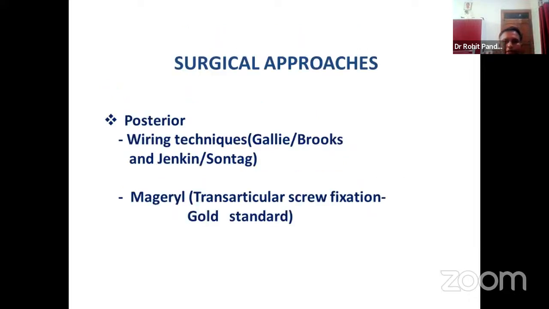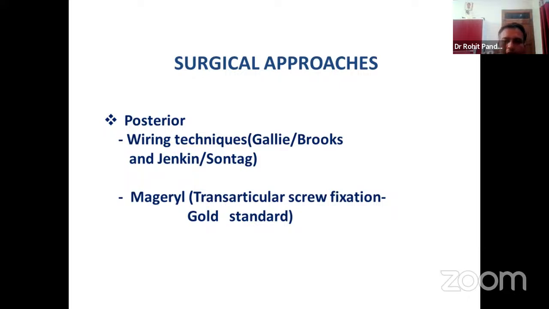So in the posterior approaches, as my sir told, there were wiring techniques which were introduced by Gallie, Brooks and Jenkins, Sonntag, and then the lasso technique, which were initially used for the fixation of the C1, C2 junction. But the important caveat of these techniques was that we needed an intact posterior C1 arch and a posterior C2 bone.